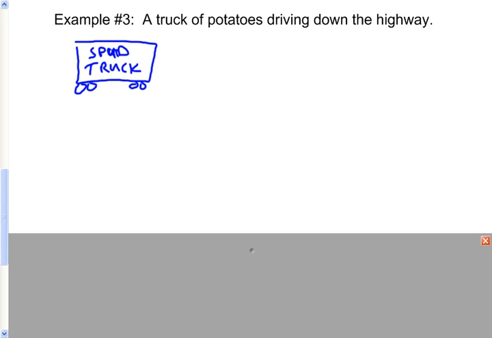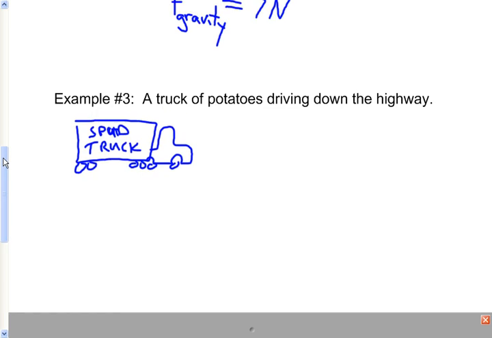Wheels. Trucky looking thing. There we go. So we have our spud truck going down the highway. And if we ask, what forces are acting on this? If we assume that the truck is going at a constant velocity, we know something about the forces.